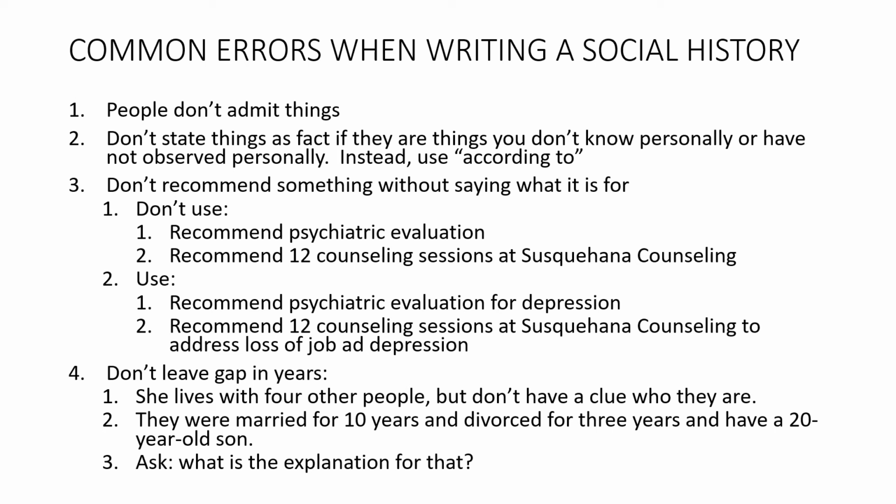What kind of psychiatric evaluation, and why do you think that you need it? Number 2 is recommend 12 counseling sessions at Susquehanna Counseling. For what? We don't know why they're going to counseling. So instead, you want to write recommend psychiatric evaluation for depression, so that we know that there's going to be some sort of depression inventory or questionnaire survey that you're going to be using.